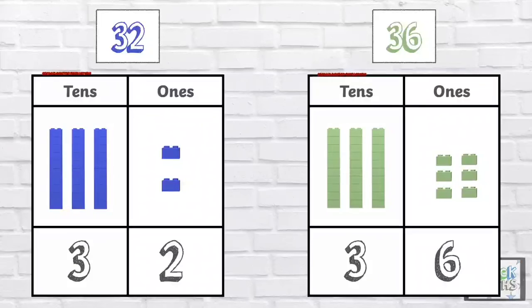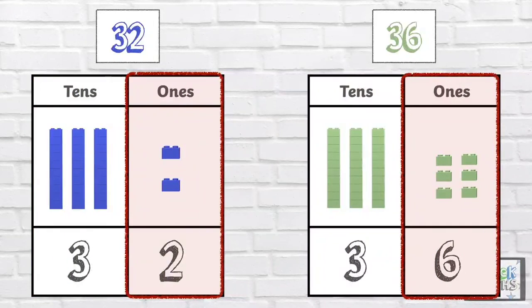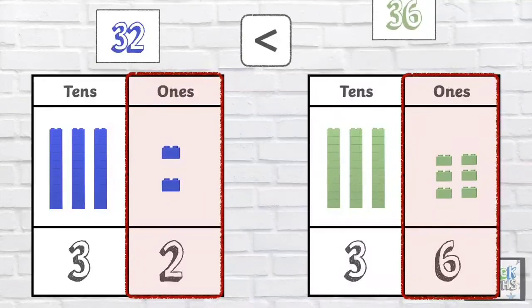Remember, when we compare numbers, we look at the tens digits first. Both numbers have 3 tens, so now we need to compare the ones. 2 ones is less than 6 ones, so 32 is less than 36.